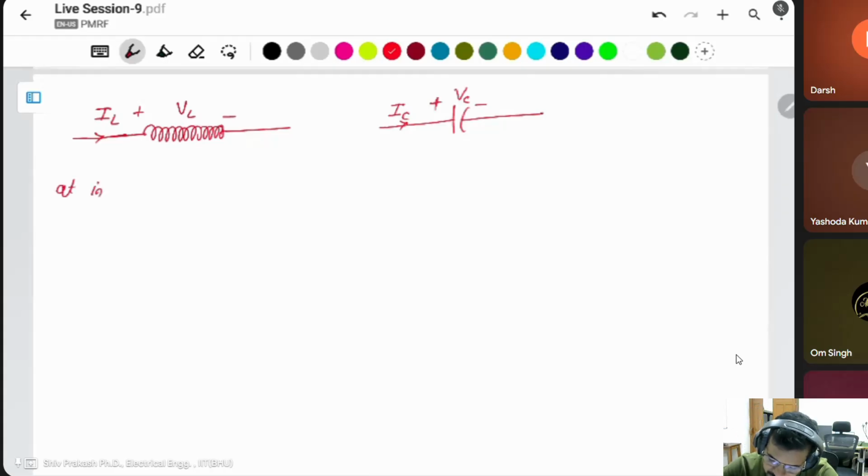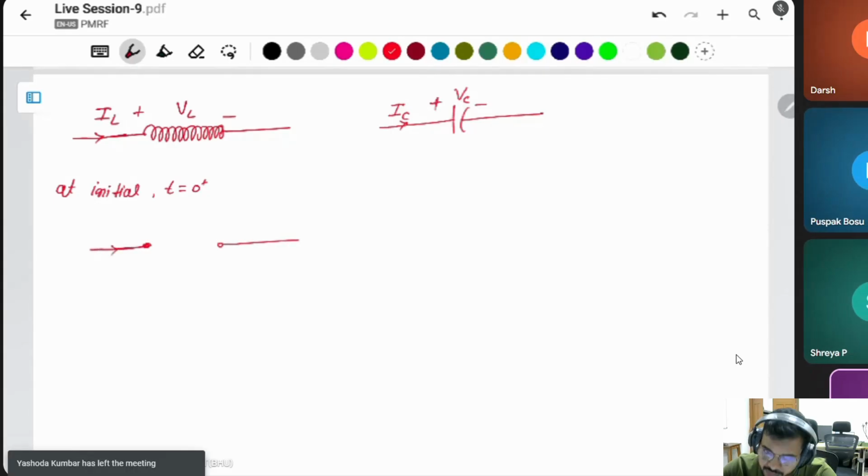At initial, it means t is equal to 0 plus, this circuit behaves like an open circuit, because there is no sudden change in the current. If there is no current, it means the circuit will be open. I will be 0, but there are some voltages.